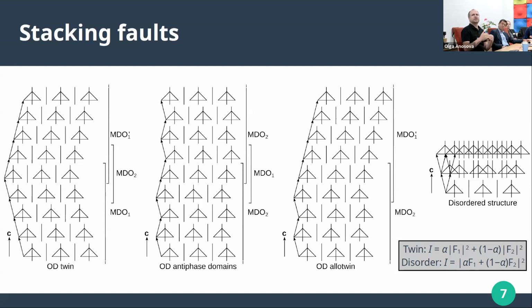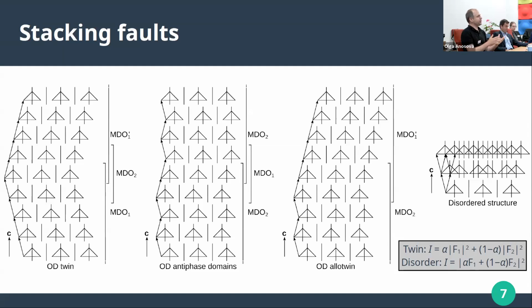But what can also happen is that the stacking fault probability gets high. Then what we have is a disordered structure, right? And now you could ask the question, when is it a twin, when is it a disordered structure? Because, I mean, we have a stacking fault every 100,000 or every 1,000. The difference is basically phenomenological.